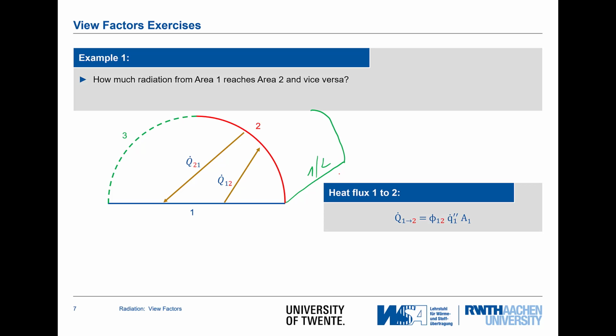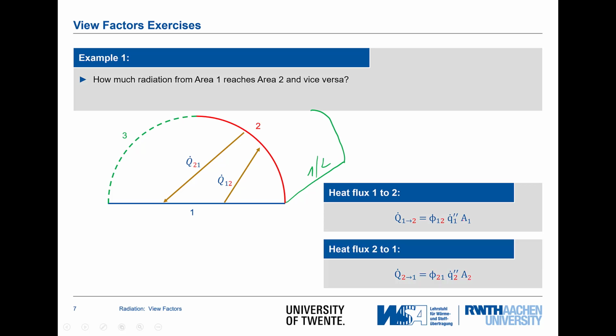So we can just live with what you see in the plane. So the heat flow from 1 to 2, that's a general formula. We don't know F12 yet, but we can write down the formula. So that's F12 times q dot 12 primes times area 1. And the same we can define for the heat flux from 2 to 1.